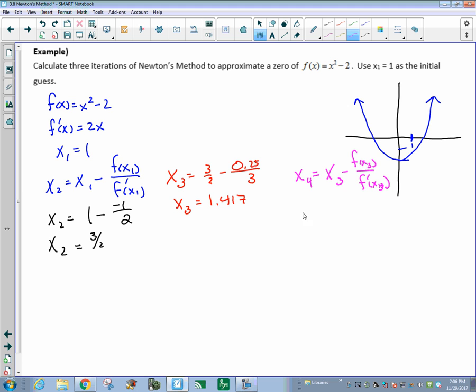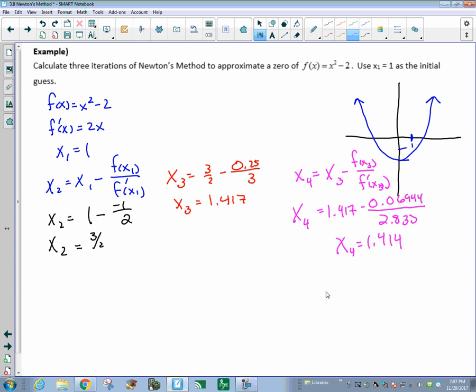Putting in this value, 1.417, minus substituting into my f of x, x squared minus 2, gave me a value of 0.06944, and then I'm going to divide that by 2.833. And when I calculate this, x sub 4 comes out to be 1.414.